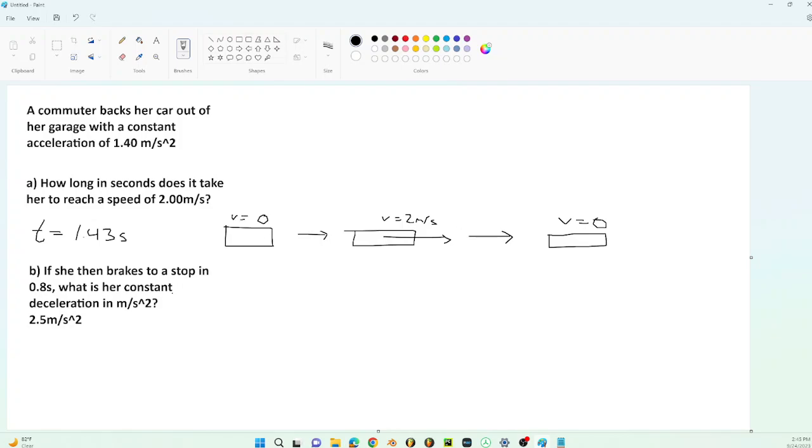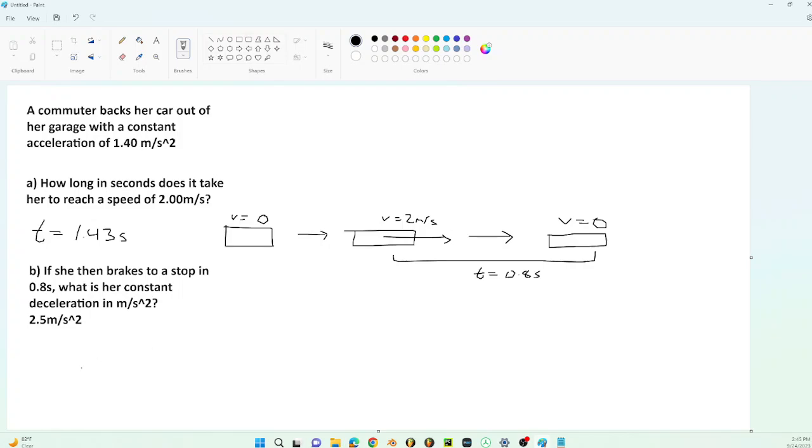What is her constant deceleration in meters per second squared? From here to here took 0.8 seconds.